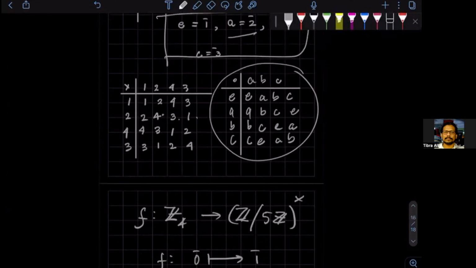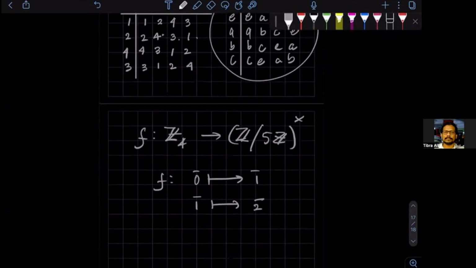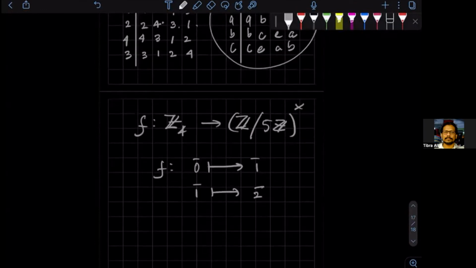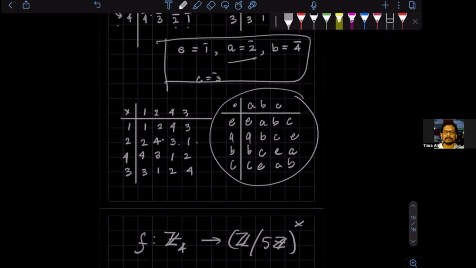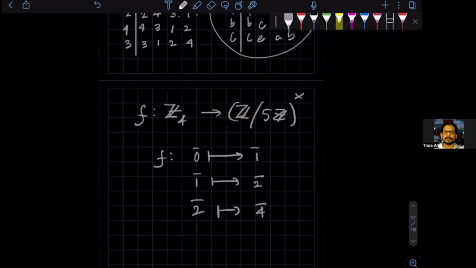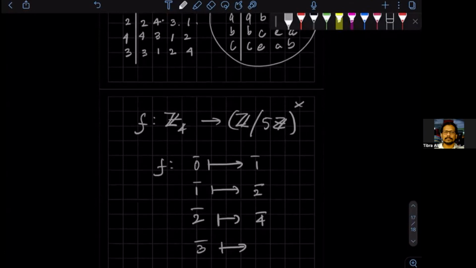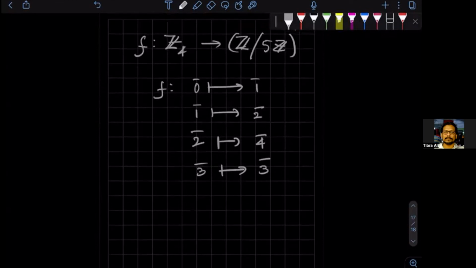and then 2 from the first group goes to, say, 4, and 3 from the first group goes to 3. Then we see that the first group has addition mod 4, and the second group has multiplication mod 5.